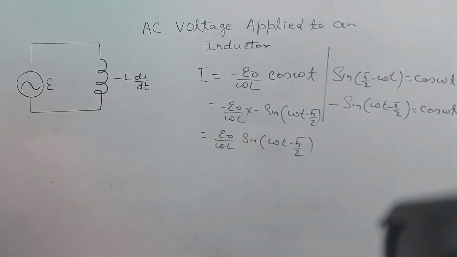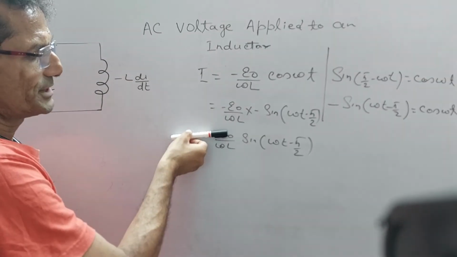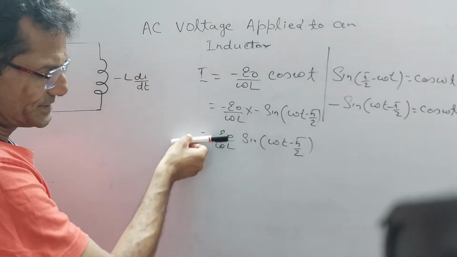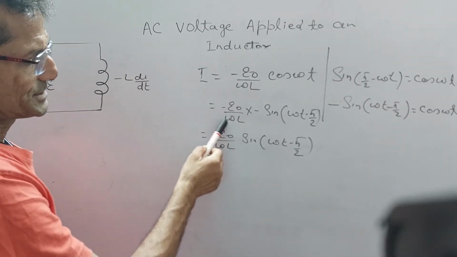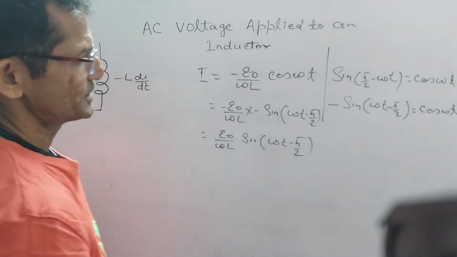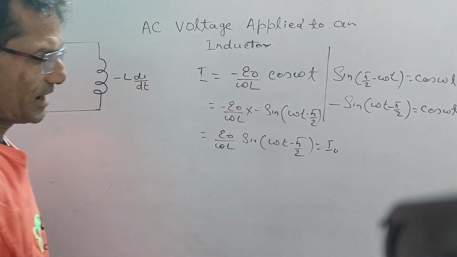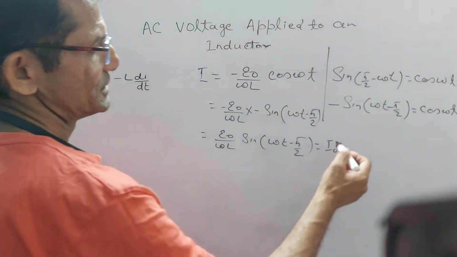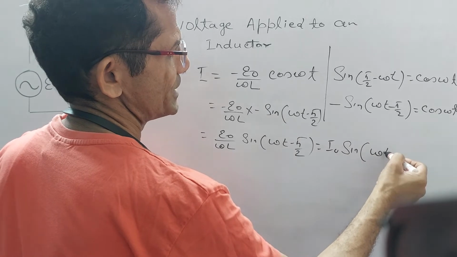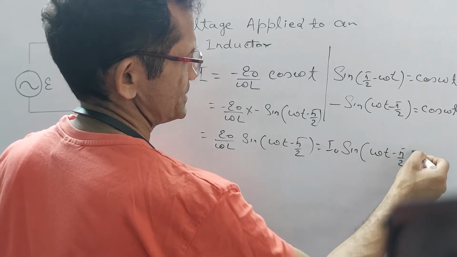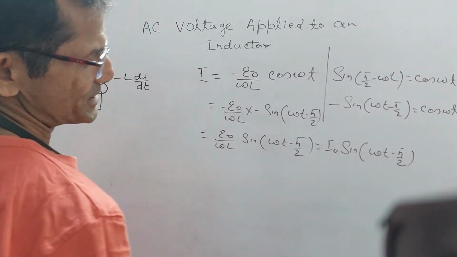and by Ohm's law, voltage divided by resistance will be the current. Now these terms represent the maximum current. Therefore the maximum amplitude would be multiplied by sin of omega t minus 90.